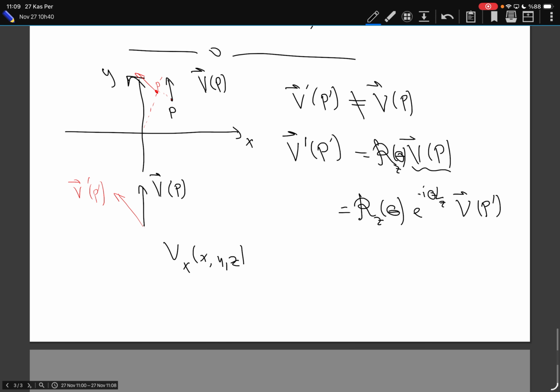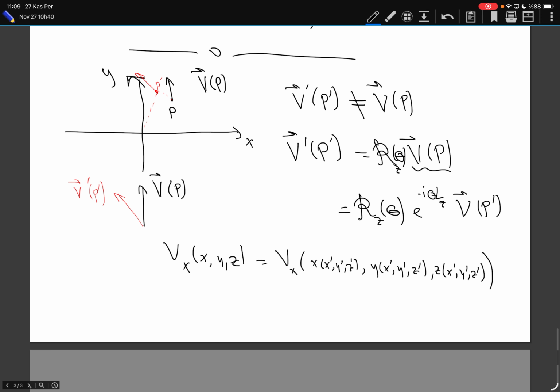Now you see, for the new point I have Vx of x, y, z. I can express x, y, and z in terms of x prime, y prime, z prime.